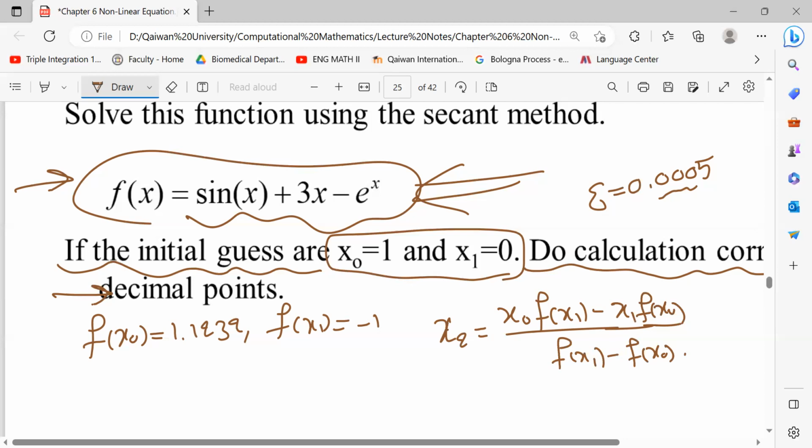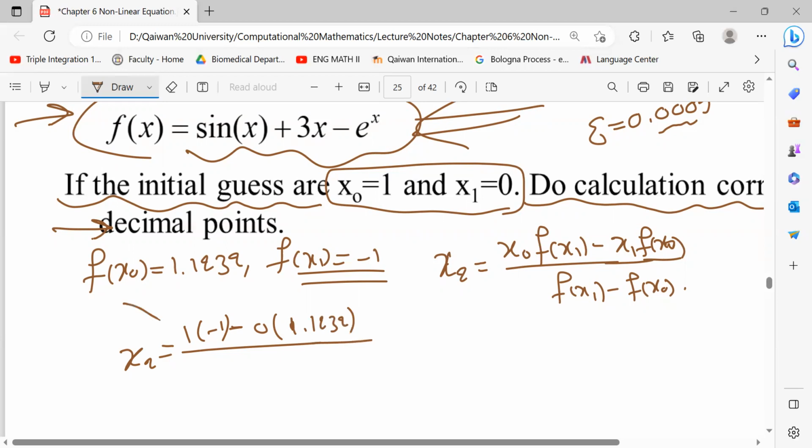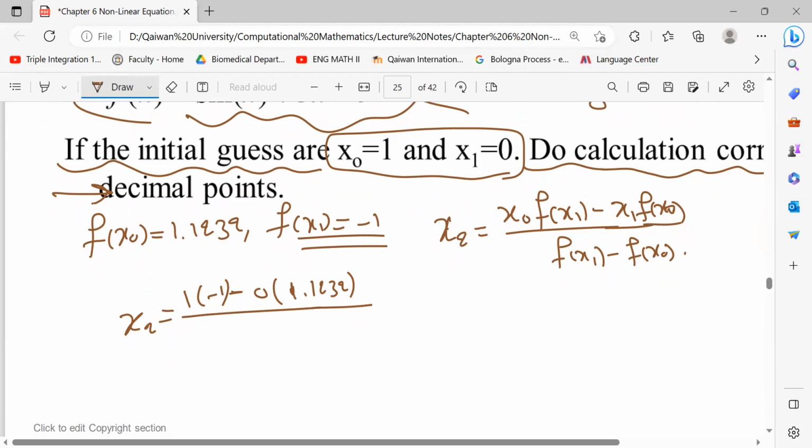We just replace these all here by their values. x2 is x0, which is 1, times f of x1, which is -1, minus x1, which is 0, times f of x0, which is 1.1232, then dividing by f of x1, which is -1, minus f of x0, which is 1.1232.